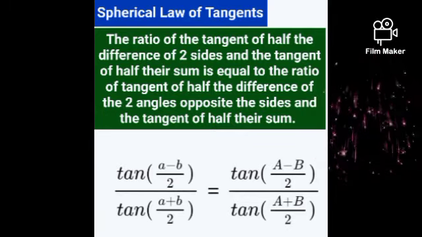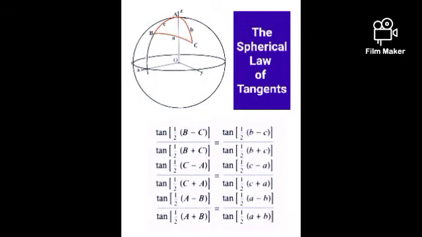The sides and the opposite angles must be taken in the same order when you write the equation from the spherical law of tangents. These are all the equations that can be written or derived from the spherical law of tangents.